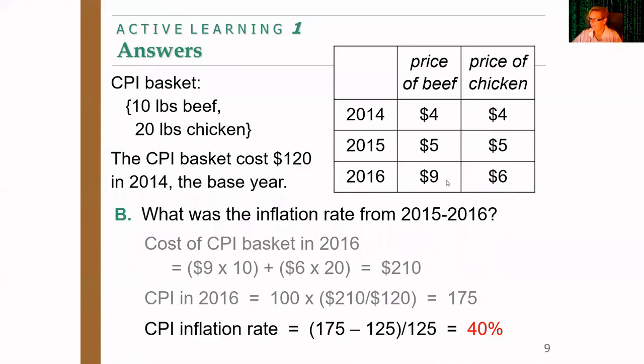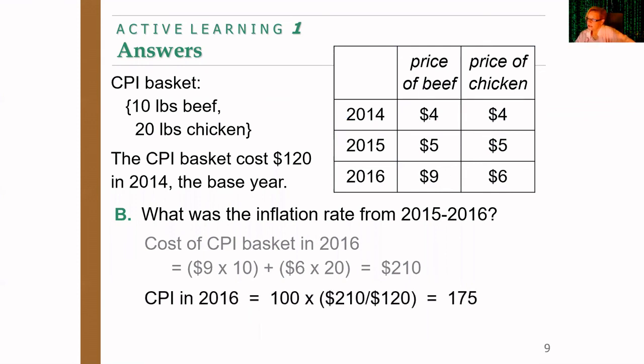Look at what happened in our example that you worked on your own: the price of beef went from $4 to $9, more than doubled, but the price of chicken didn't go up quite as much. So let me ask you, are beef and chicken substitutes for one another? Most people would say yes.